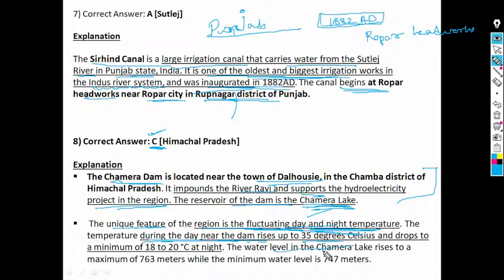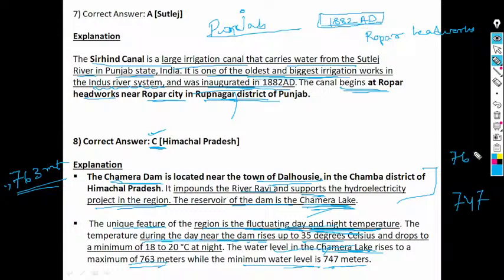The water level in Chamera Lake rises to a maximum of 763 meters, while the minimum water level is 747 meters.